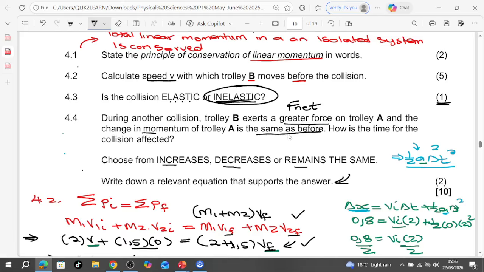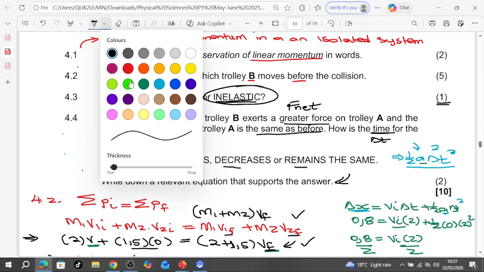The change in momentum is delta P, and it is the same. How is the time? This is delta T. So I'm going to find a way of understanding how F net, delta P, and delta T fit in one equation. Go to your formula sheet.